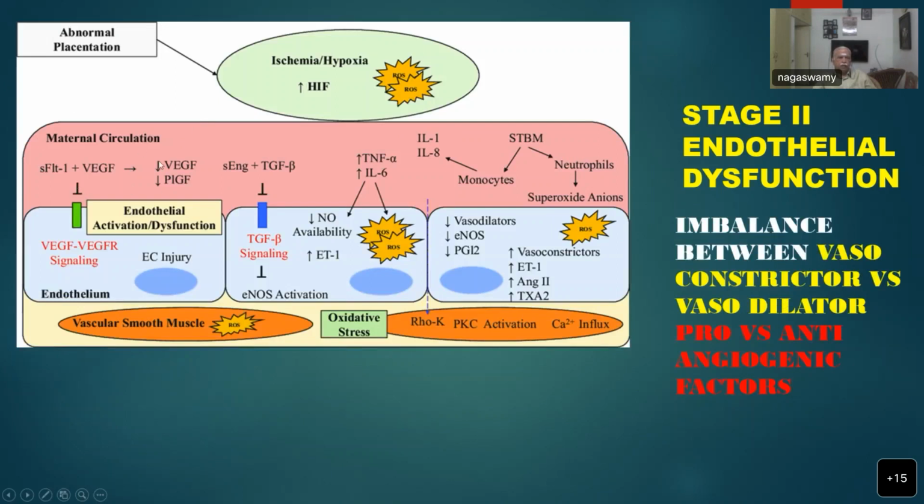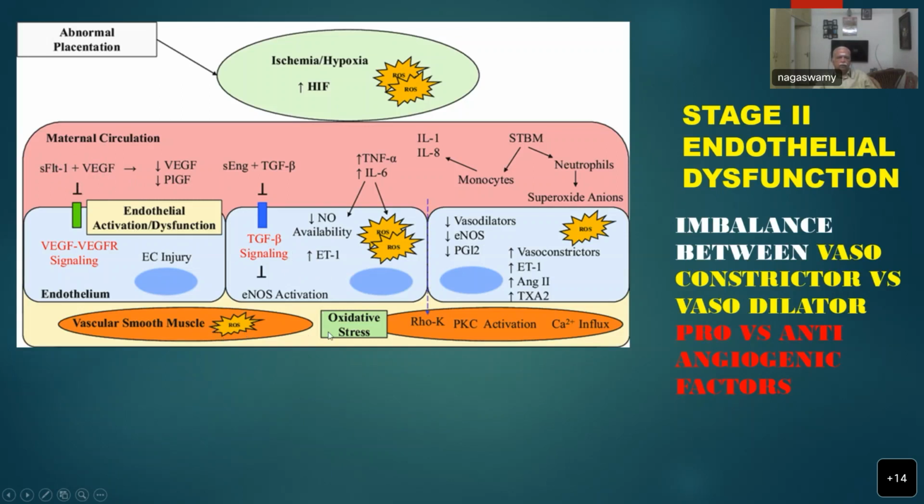What started at the placenta as abnormal placentation, resulting in ischemia and hypoxemia at the placental level, produces a lot of reactive oxygen species, which enter the maternal circulation, and everywhere there is an imbalance between vascular endothelial growth factor and soluble fms-like tyrosine kinase factors. All these things happen everywhere in the endothelium, and nitric oxide is also affected.